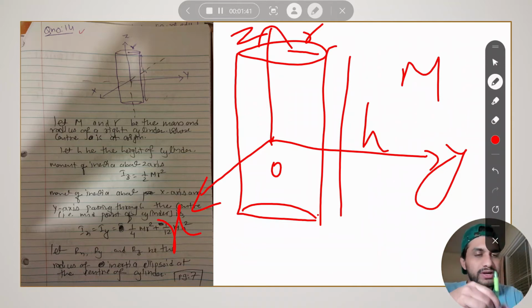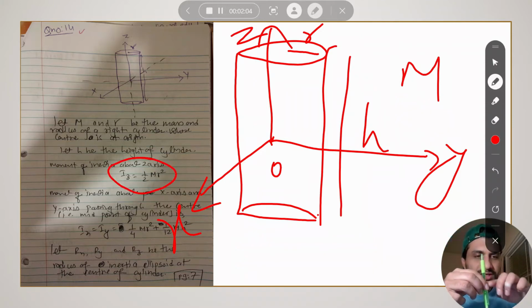It has equal radius everywhere, and this area is perpendicular to this side. Now we rotate it in this way. If you rotate in this way, then you can calculate the moment of inertia about the z-axis. Moment of inertia about the z-axis is half of mr square.